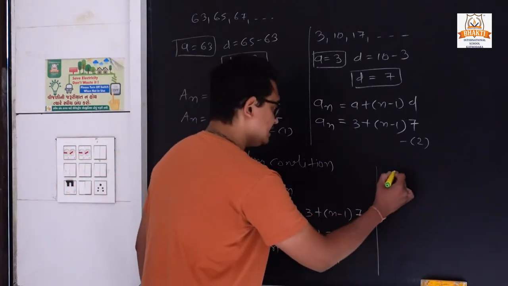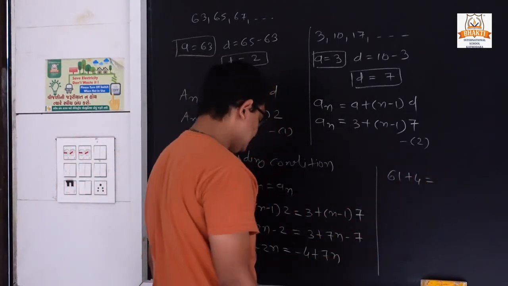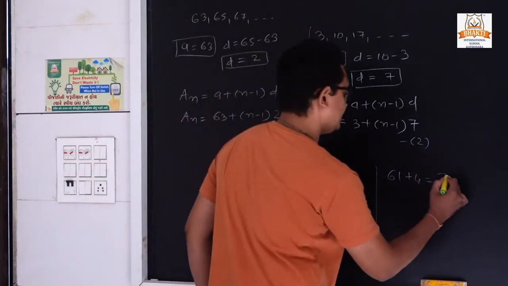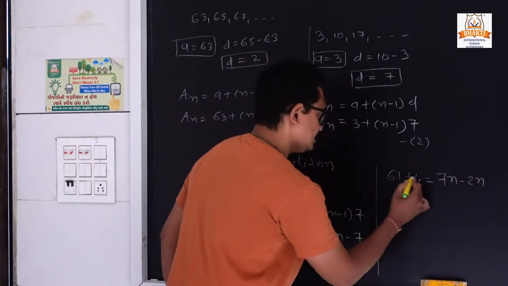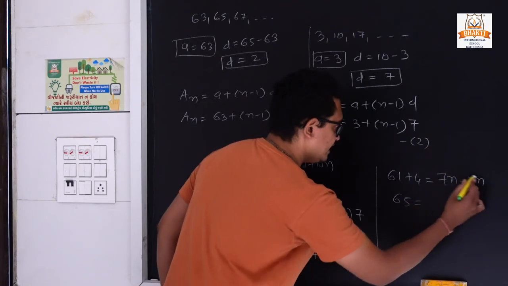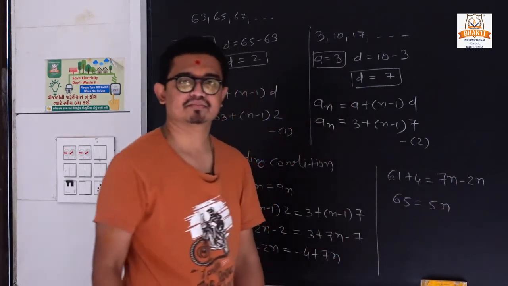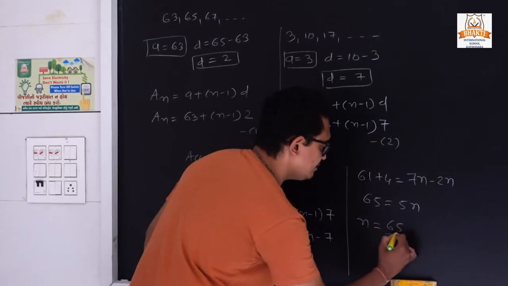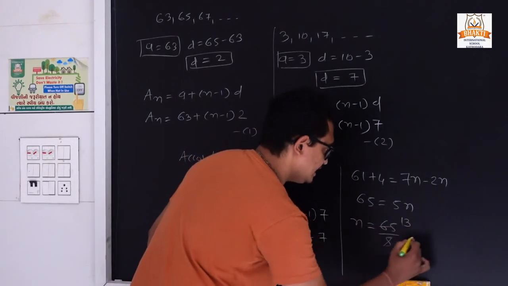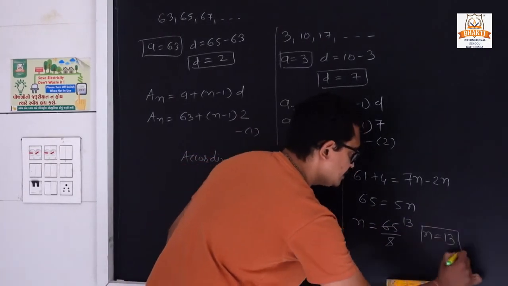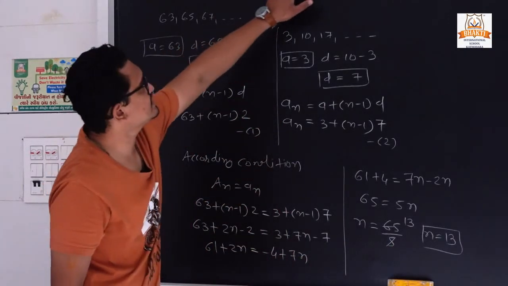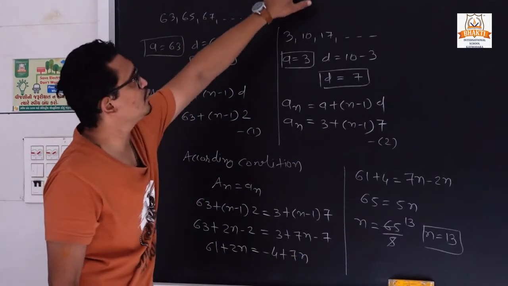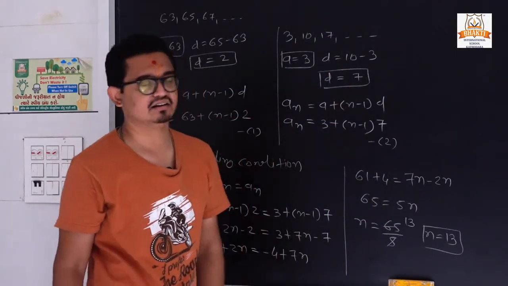So 61 plus 4 is equal to, and this 2n is going to the second side, so it becomes minus. So 65 equals 5n. Now simplify this: n is equal to 65 divided by 5, so 13. It means the 13th term of series number 1 and the 13th term of the second series are both equal.